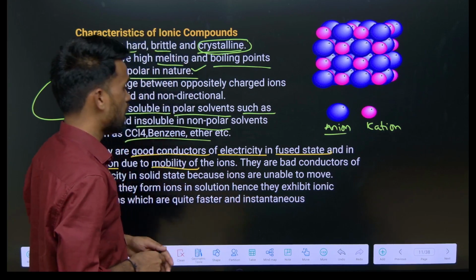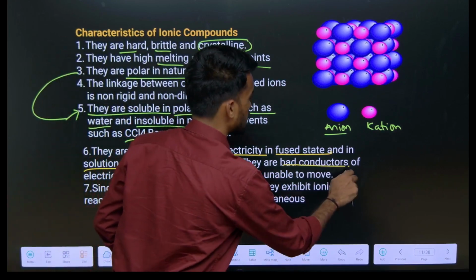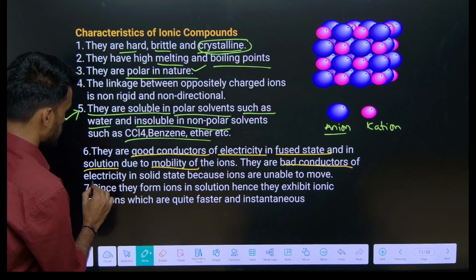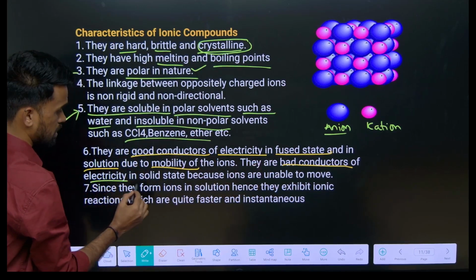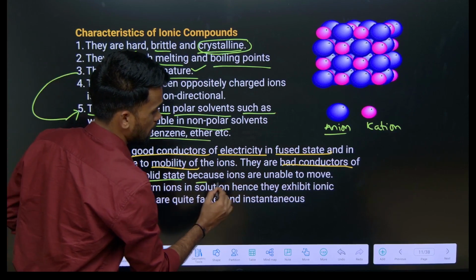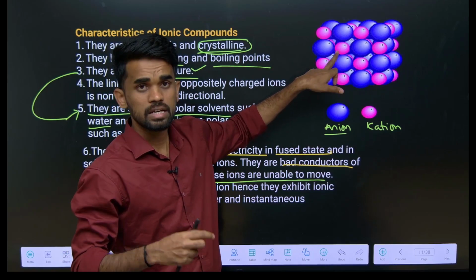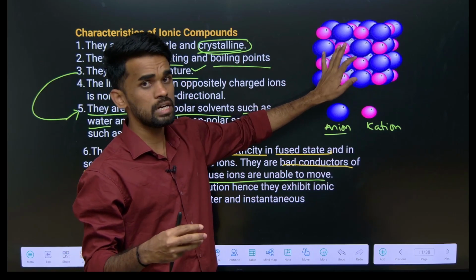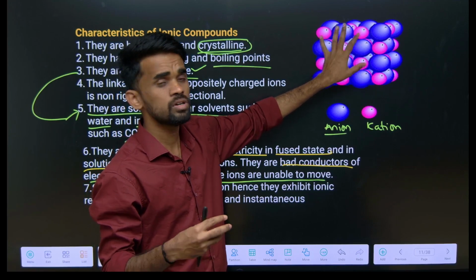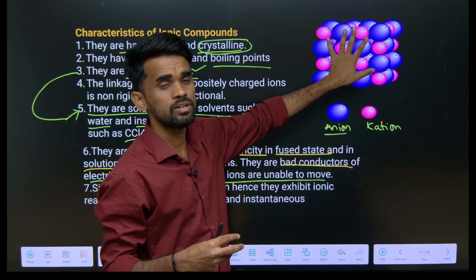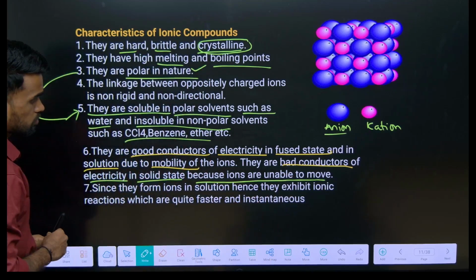And they are bad conductors of electricity in the solid state, because the ions are unable to move. The ions are closely packed, and there is no movement of ions in the solid state. Therefore, it is a bad conductor in the solid form.